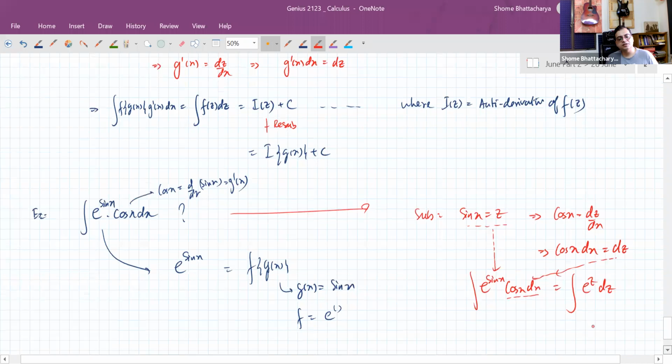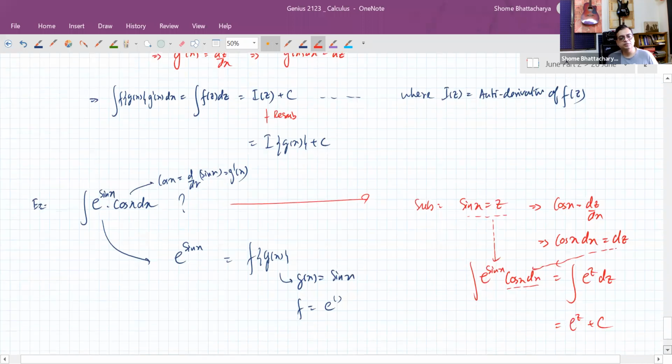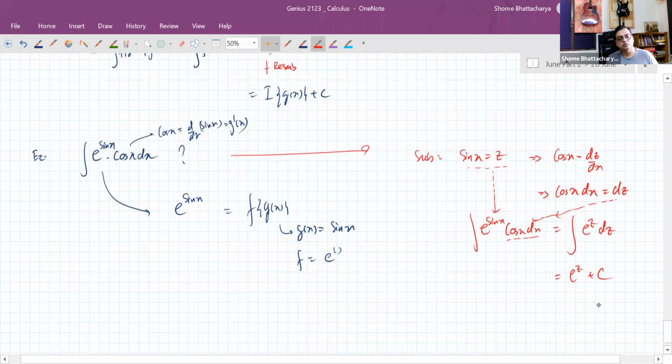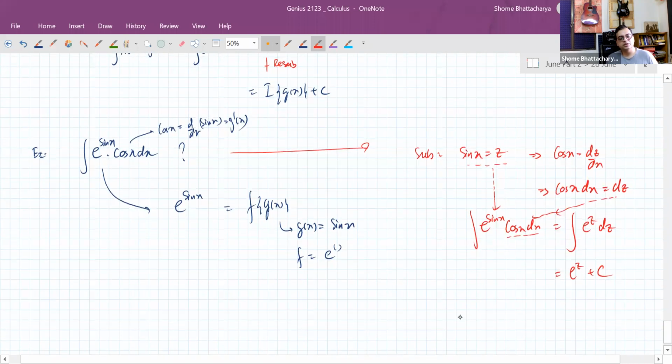It becomes e raised power z plus c, and then we resubstitute. So it becomes extremely easy, as you can see. It is just a matter of observation that the term cos x is the derivative of sine x. So we could do this.